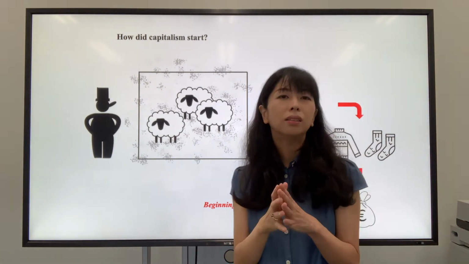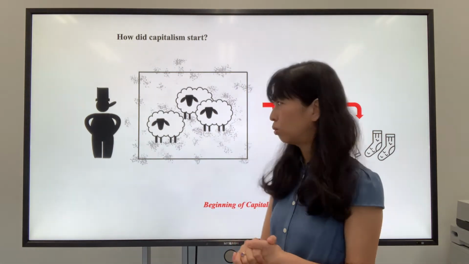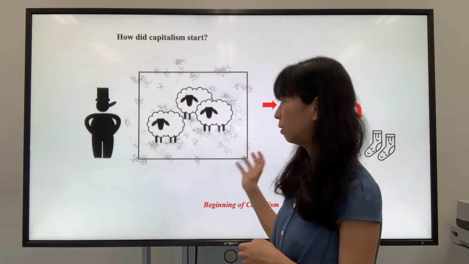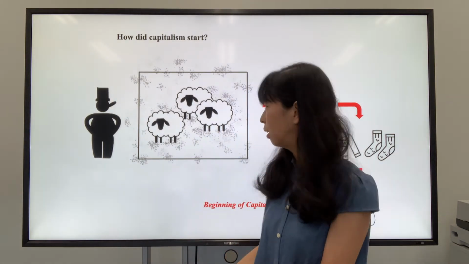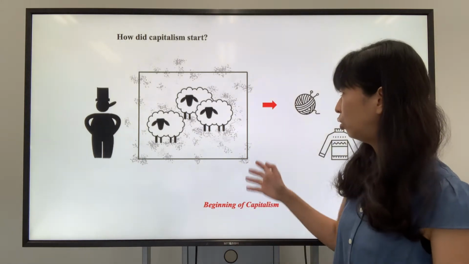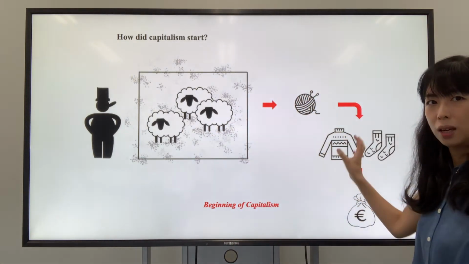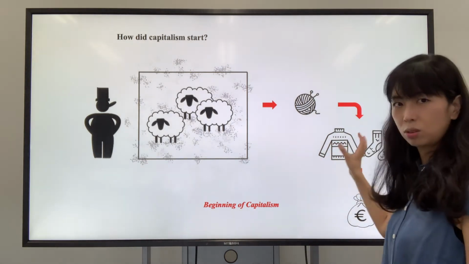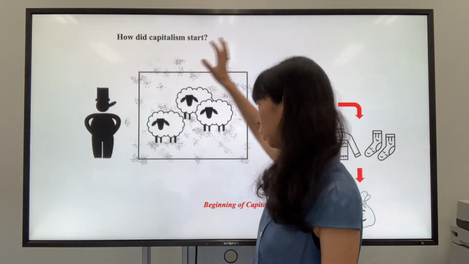The key concept here is privatization of land and also privatization of anything that will produce a product in the end. In this case it is sheep. They can produce wool, and then wool can become a product like sweaters and socks and so on. And this is the capitalist, and he's owning all of these things.